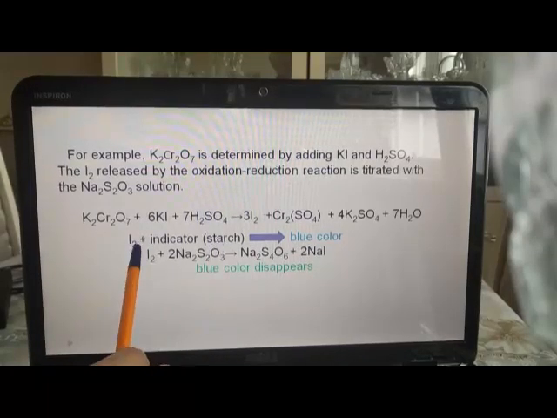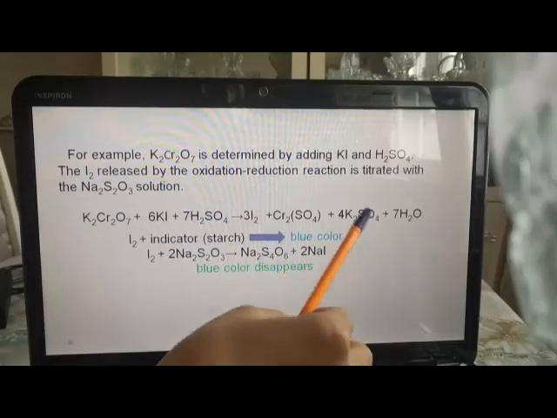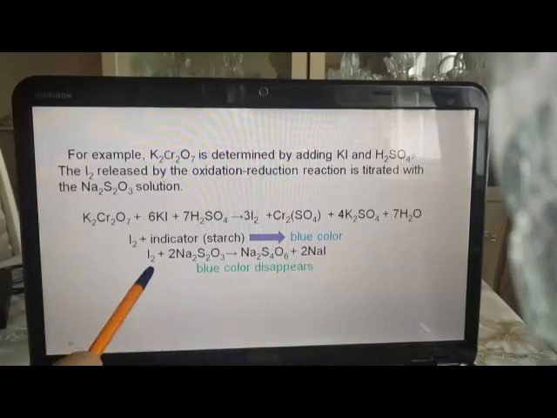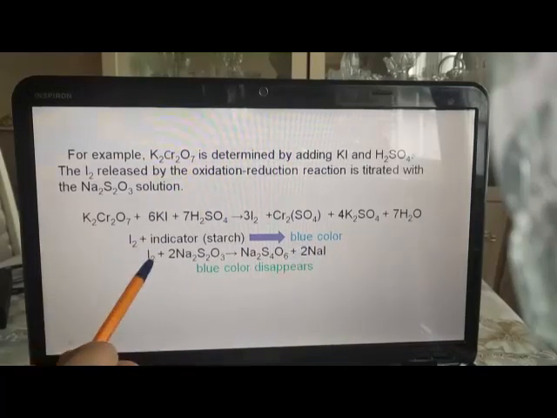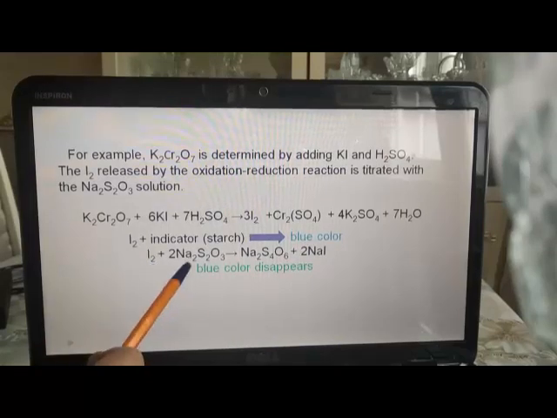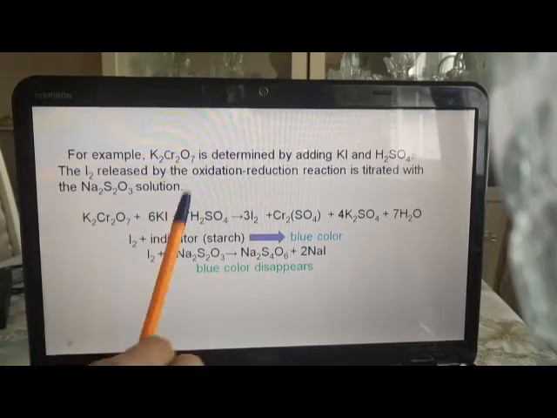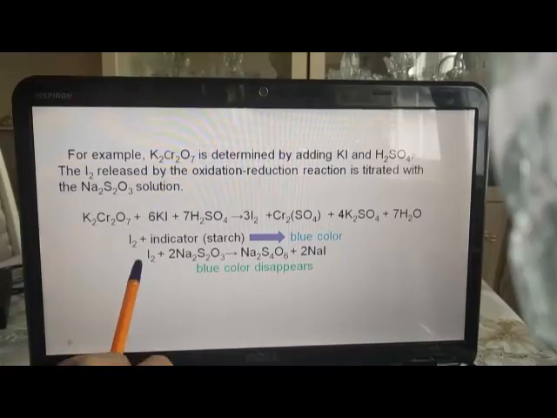By addition of starch solution to the free iodine solution, which is released quantitatively from the reaction, a blue color forms, and we titrate the free iodine in the conical flask with a sodium thiosulfate solution from the burette, and at the equivalence point, the blue color of the free iodine disappears.